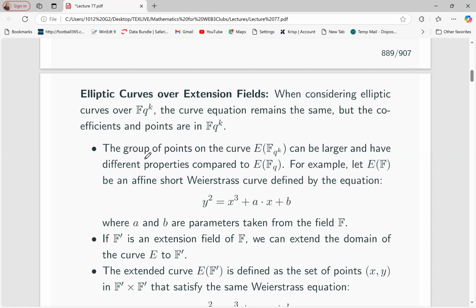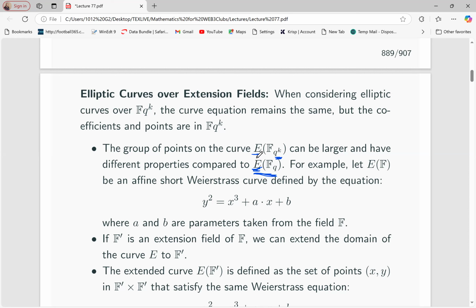Now, a point I'm just emphasizing, that we had the original field here, had the fewer points. And now we have a new field on the same elliptic curve, we retain our elliptic curve.